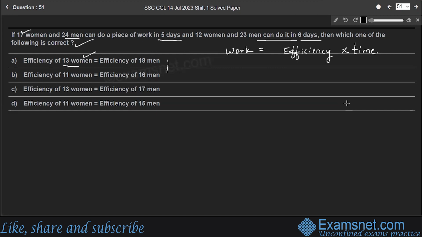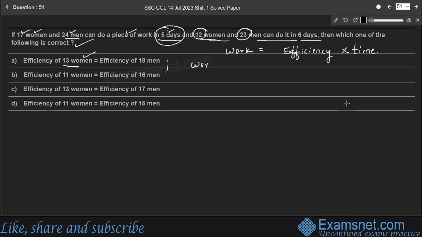Here it is given that 17 women and 24 men can do a piece of work in 5 days. So we'll consider work done by 17 women and 24 men is equal to work done by 12 women and 23 men in 6 days. Right? So the same amount of work has been done by the respective number of men and women in respective number of days. According to the formula, work is efficiency into time.